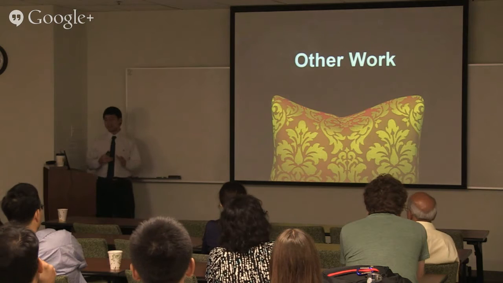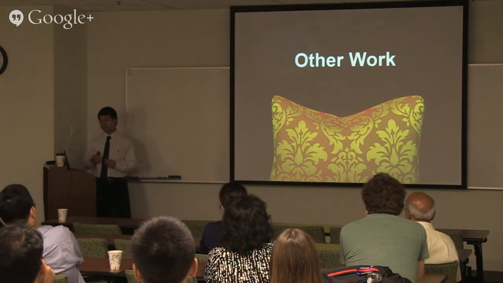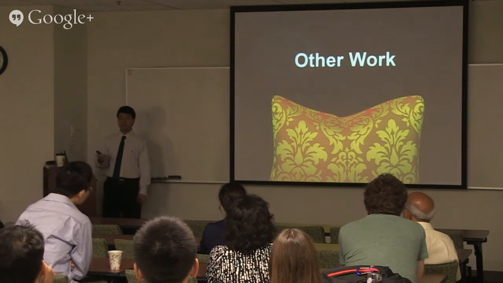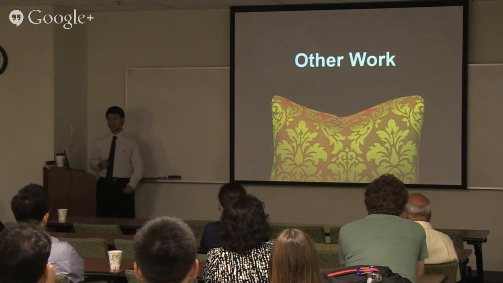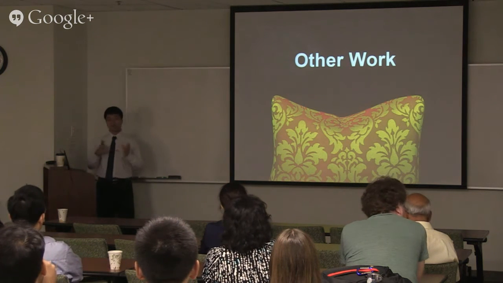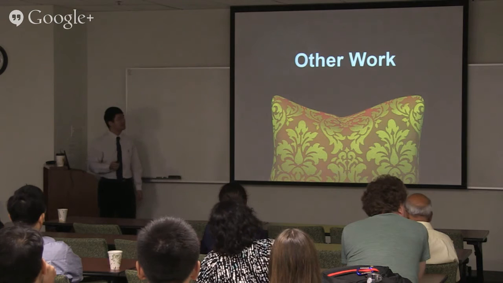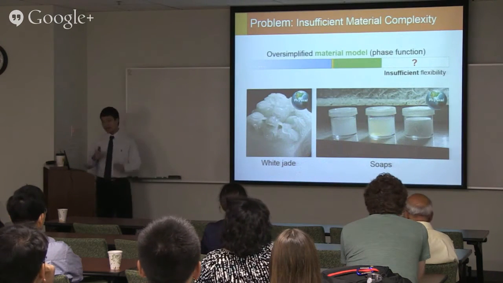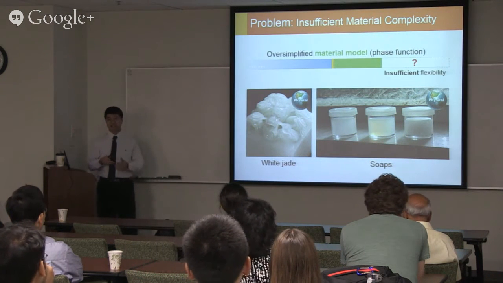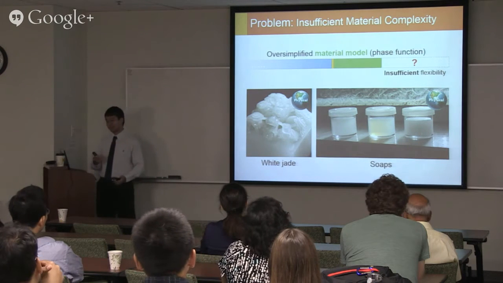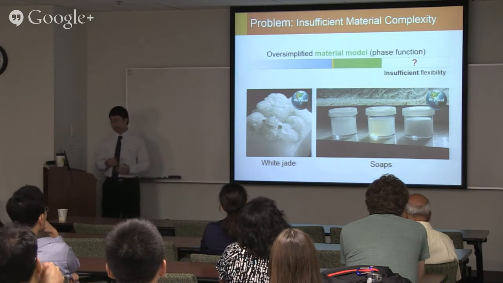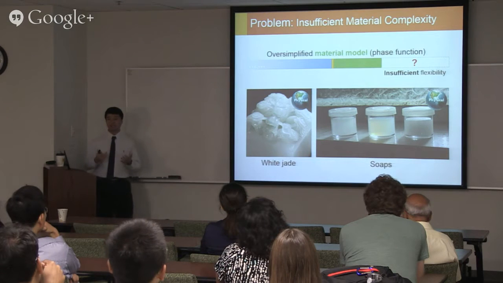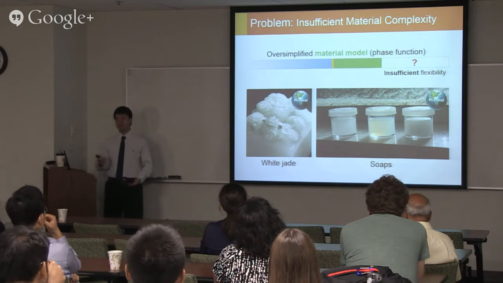So up till now, we have focused on fabrics. Next, let me very briefly go over some of my other work that focuses on more general cases or other materials. Earlier in this talk, we have focused on using complex geometry. If looking at the material side, existing models or phase functions are largely oversimplified.